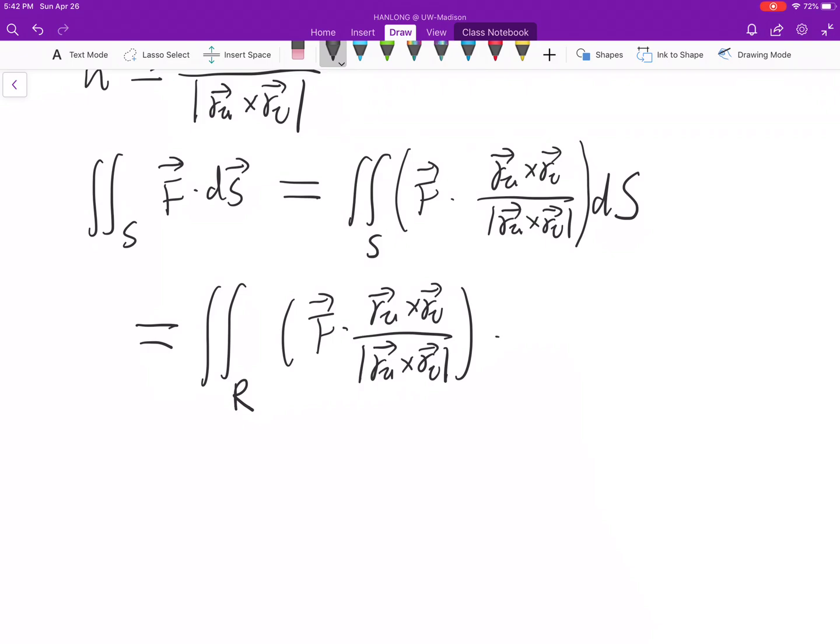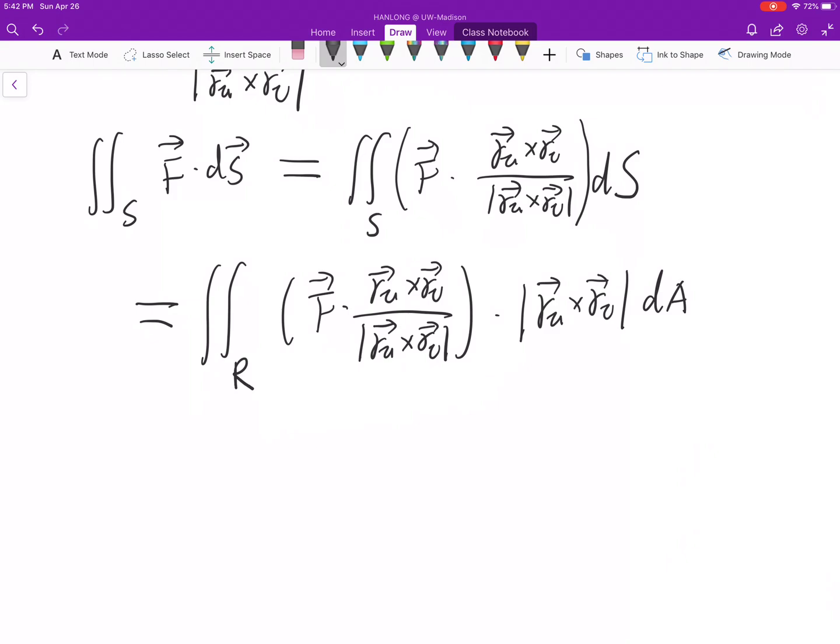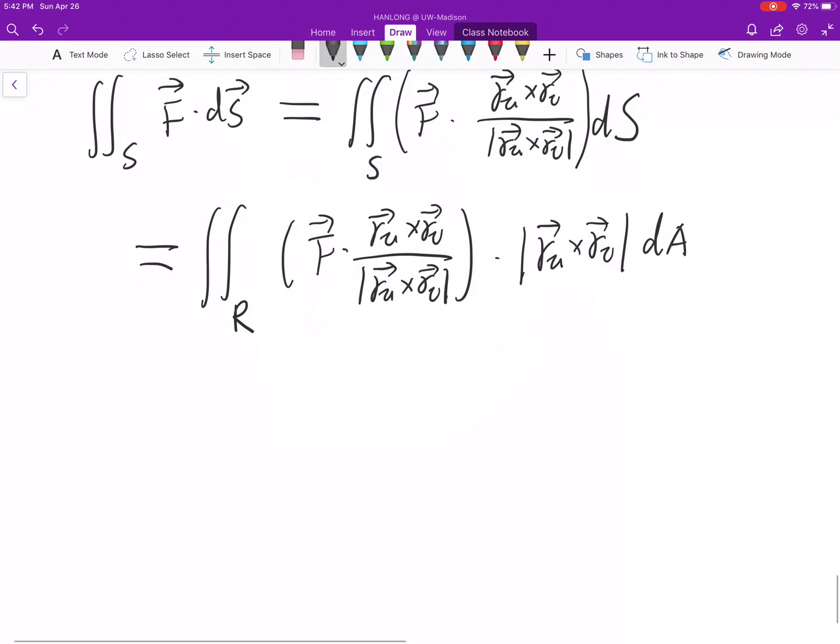And then outside, remember last time we did the computation, it should be given by the norm of gamma_u cross gamma_v dA.